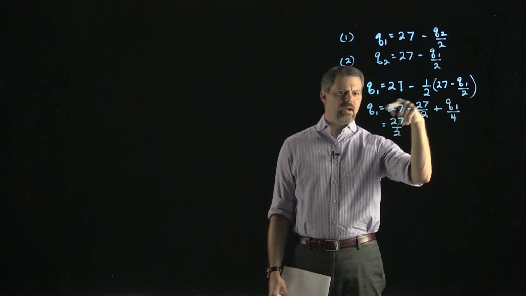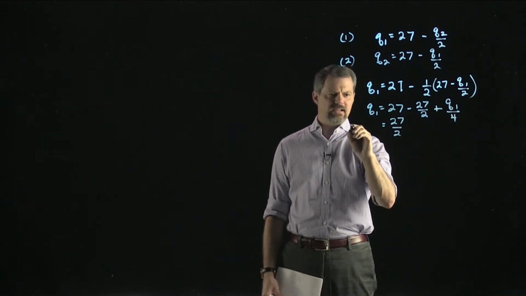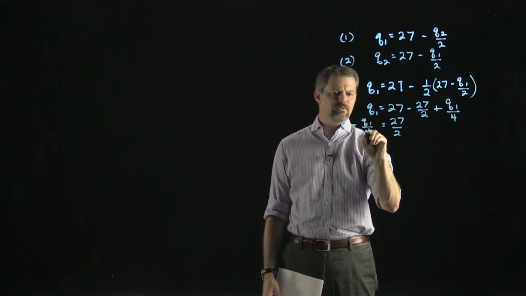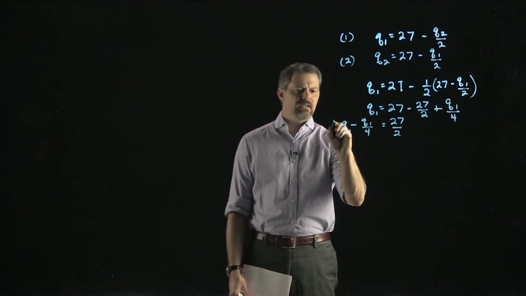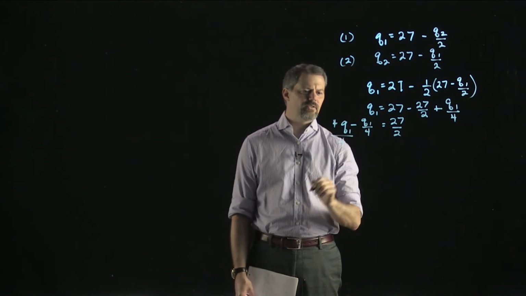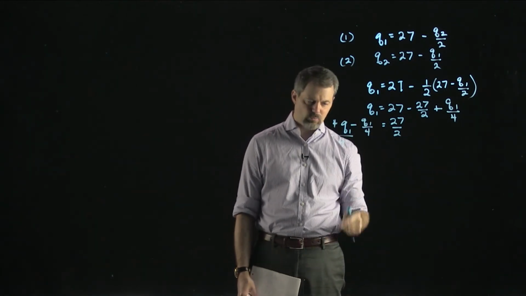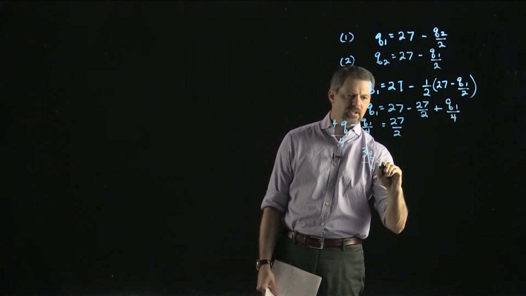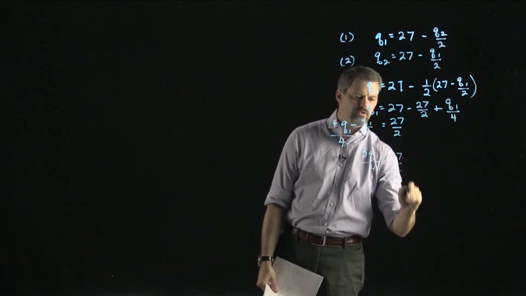And I'm going to subtract this thing from the other side. I get Q1 minus Q1 over 4. So I can make a common denominator here: 4Q1 minus 1Q1. That gives me 3Q1 over 4 equal to 27 over 2.